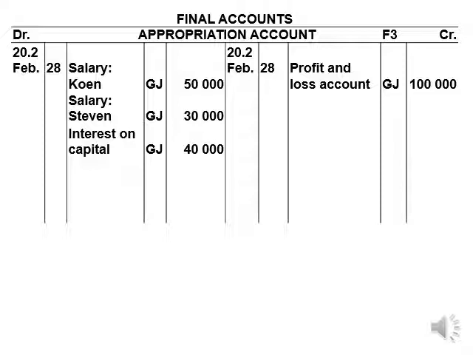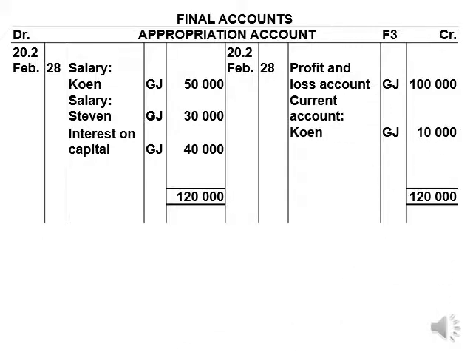So the primary distribution is 20,000 rand more than the profit that we have made. If we take the balance method, the debit side is 20,000 rand more than the credit side. It has resulted in a remaining loss, which will then be shared according to the profit sharing ratio. So the appropriation account will be credited and the partners' current accounts will be debited.